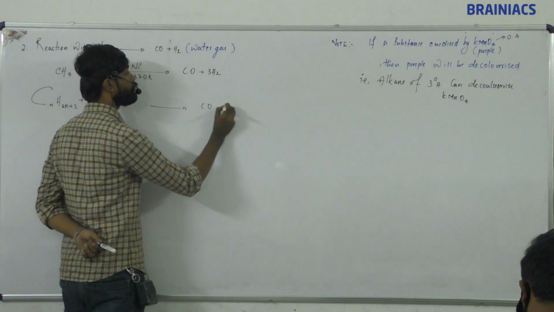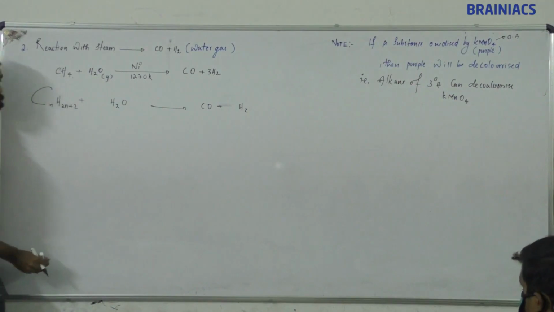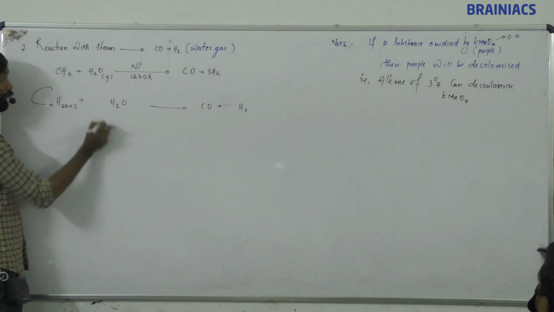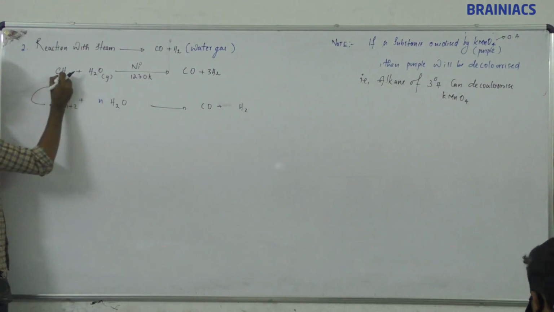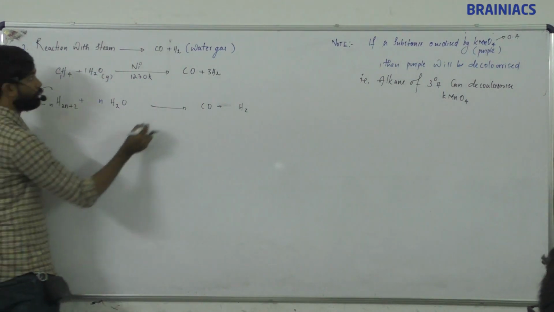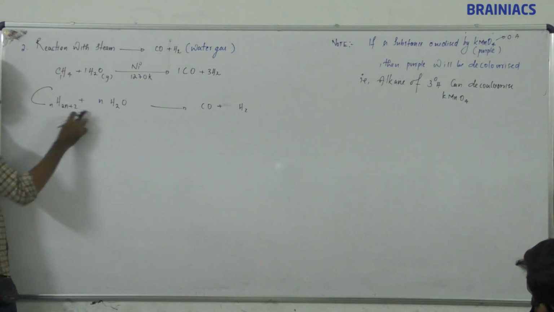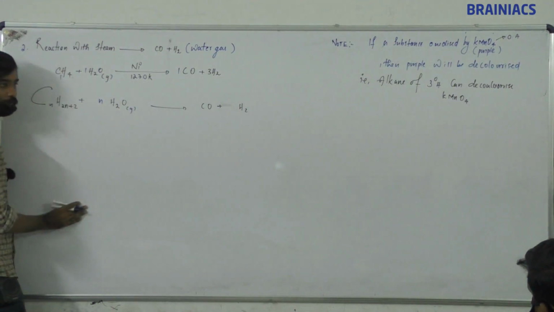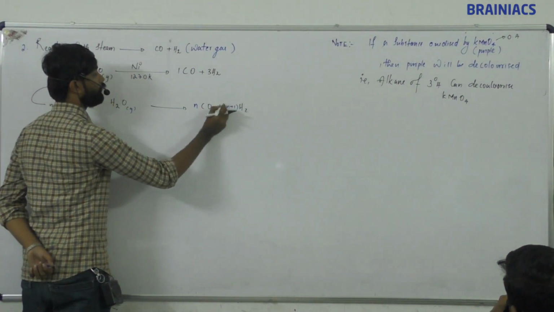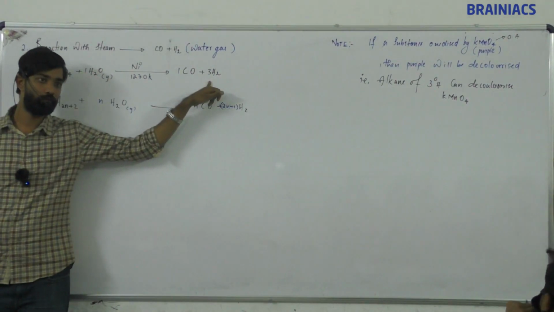Okay, the general stoichiometry: if the number of carbon is n, then there will be n molecules of steam. Here the number of carbon is 1, so here is 1 molecule of steam and 1 CO. So if the number of carbon is n, n molecules of steam give n molecules of CO and 2n plus 1 molecules of H2. Here 2n plus 1 is 2 into 1 plus 1, which is 3.